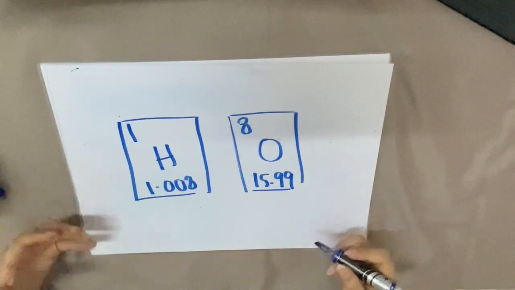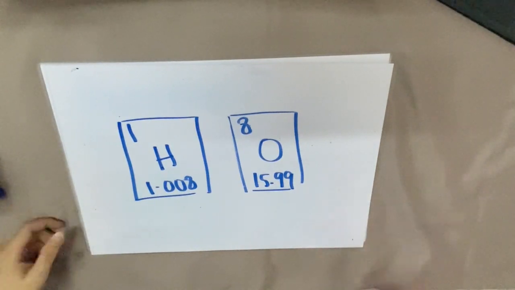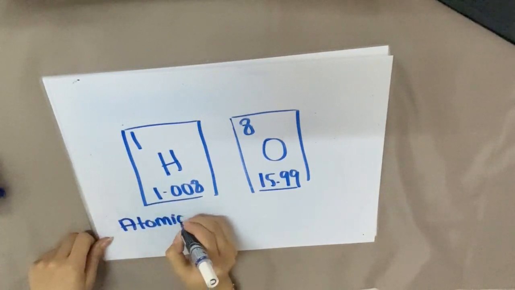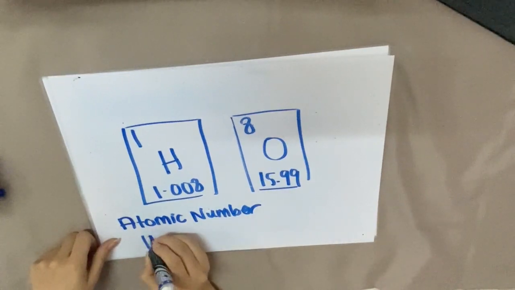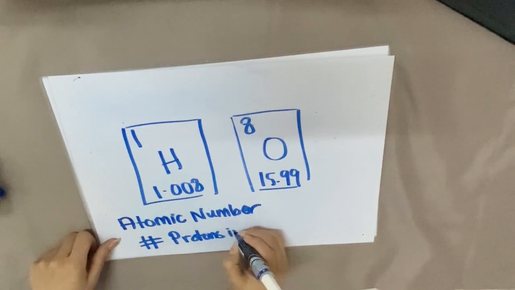First of all, let's look at the atomic number. So what is an atomic number? Simply, an atomic number is the number of protons. So, an atomic number is the number of protons in the nucleus of an atom.